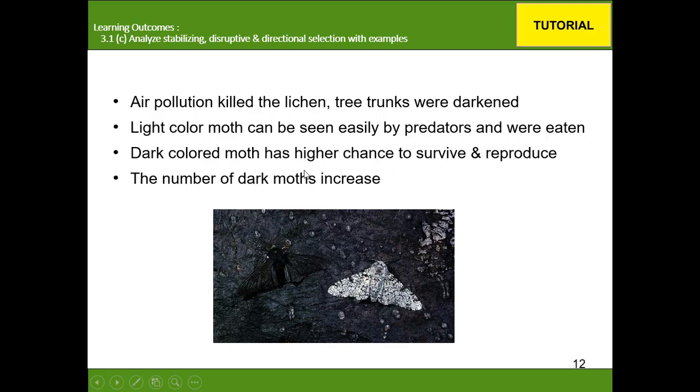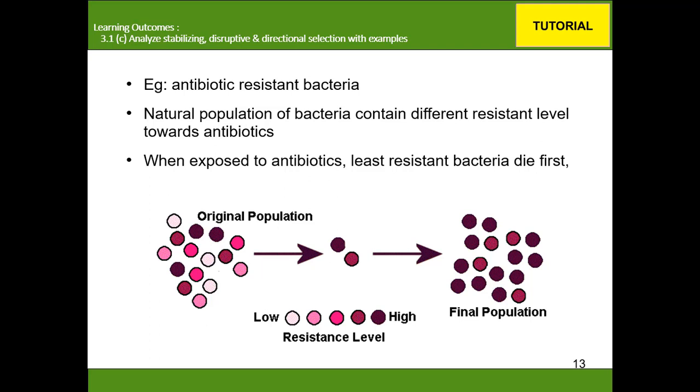Dark colored moths had a higher chance to survive and reproduce. So the number of dark moths increases. Also, another example is antibiotic resistant bacteria. When exposed to antibiotics, the least resistant bacteria die first.